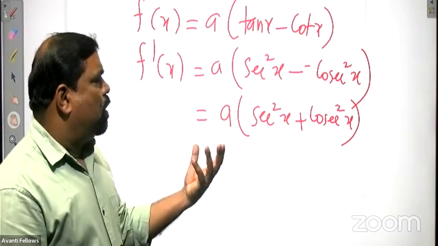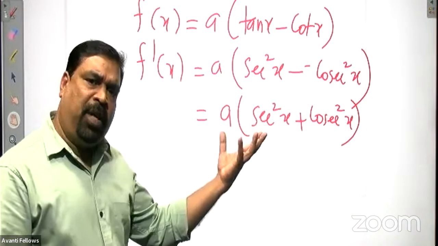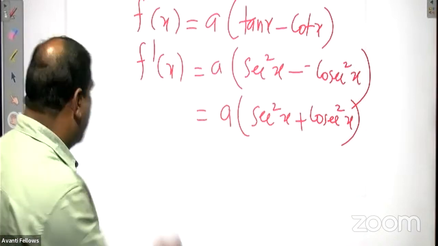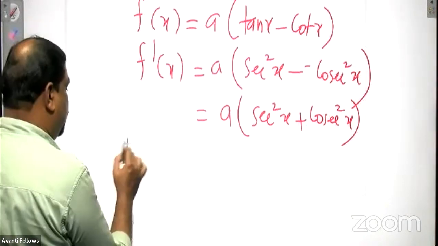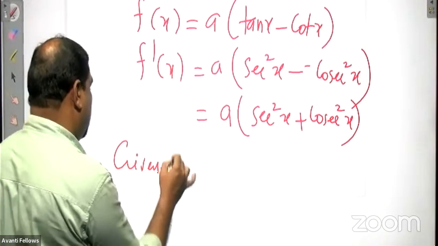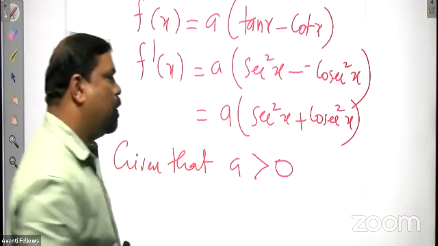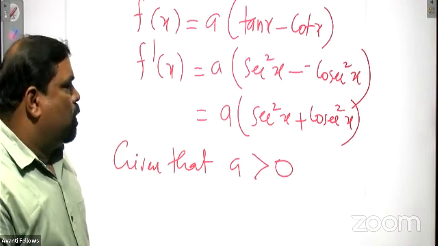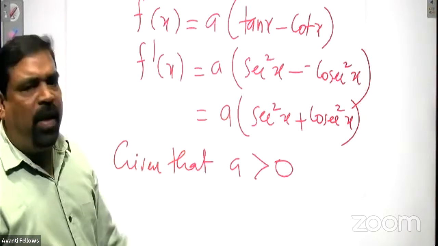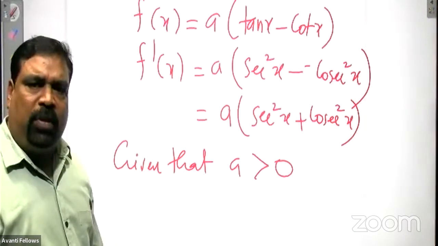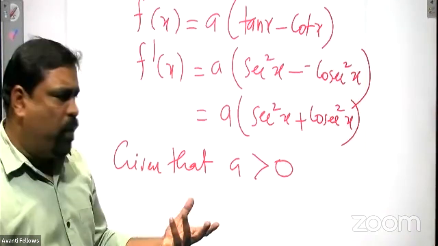So what can you say about this function actually? A is positive, given in the question itself, a is greater than 0. And very clearly sec square x and cosec square x are both positive, since a square is always positive.